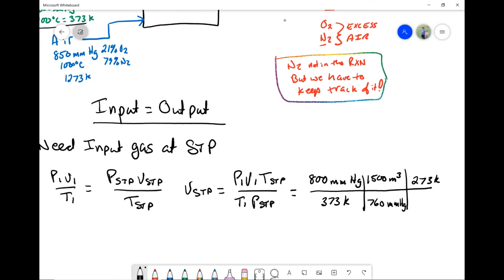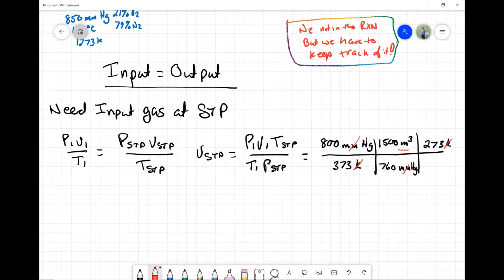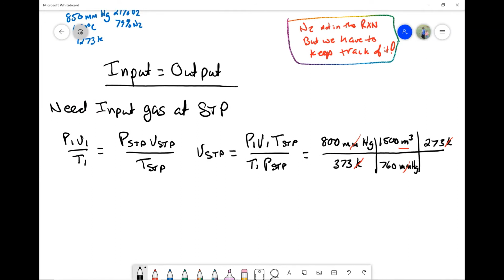And so Kelvin cancels. Millimeters of mercury cancels. And we're left with cubic meters, and that's what we wanted. And so by my calculation, let me work it out in real time.